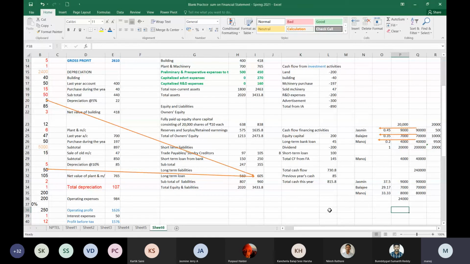Then you decide that the business is now valuable, so for 7,000 shares we can give you 5 lakh rupees. Then Balaji agrees and moves away. Now Jasmine and I discuss who should take these 7,000 shares and pay him 5 lakh rupees.